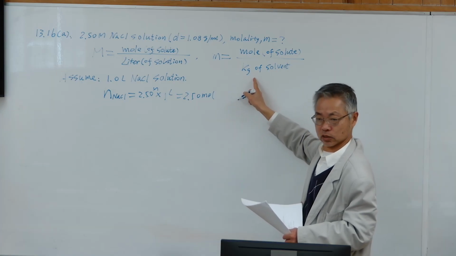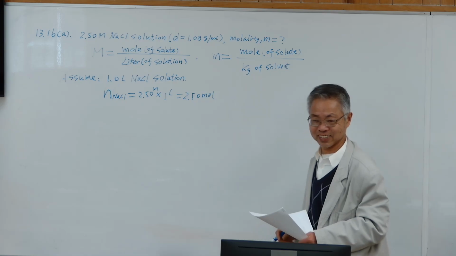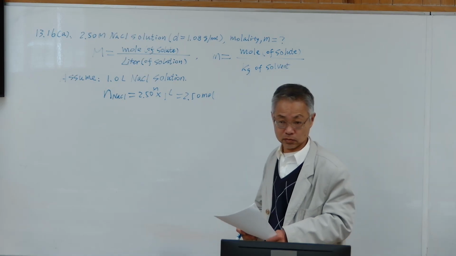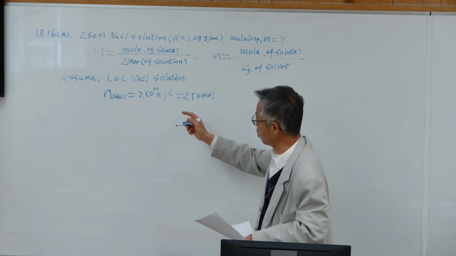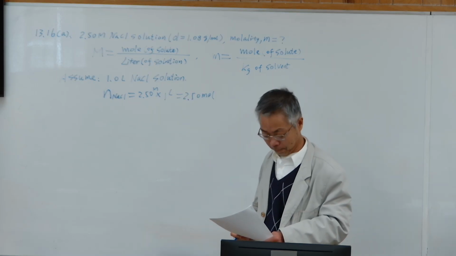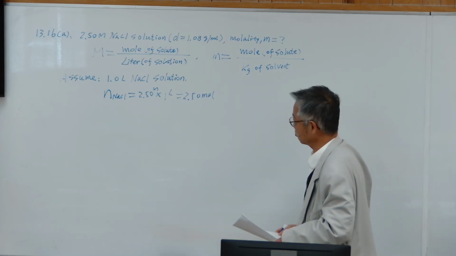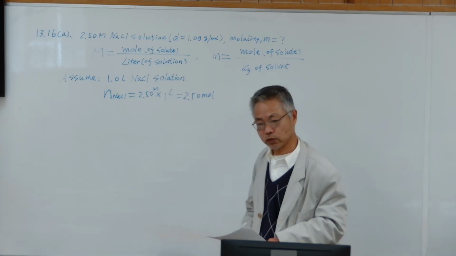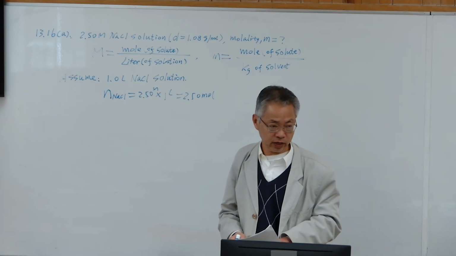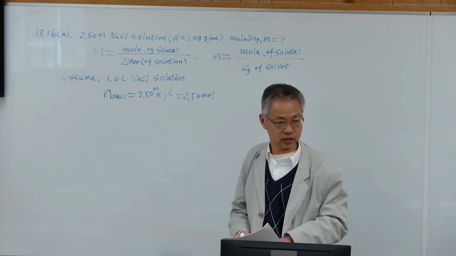Aqueous solution, the solvent is water, right? So this is the actual problem solving. How many kilograms of water in 1 liter of this solution? You want to figure out how many kilograms of solvent, water as solvent.